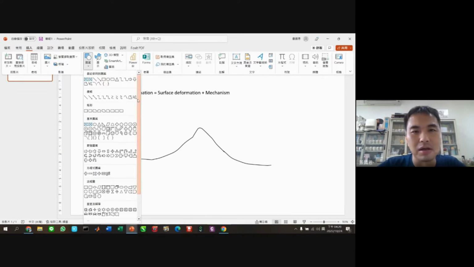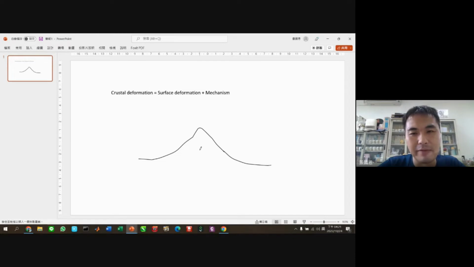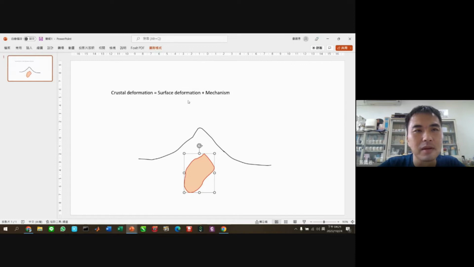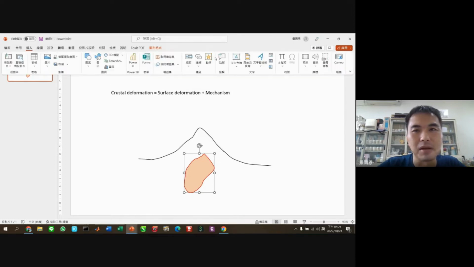So originally, we may have a magma chamber somewhere over here, like this. So this is the magma chamber.